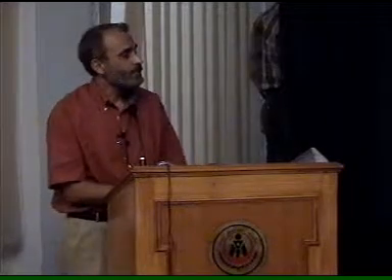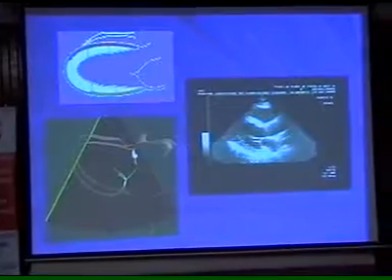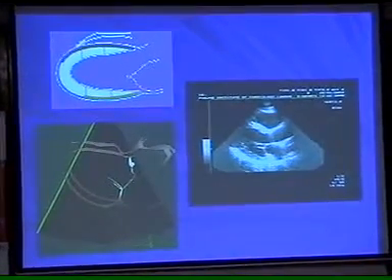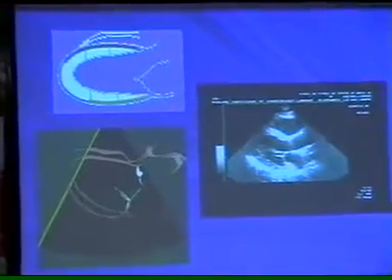Now this goes on to how we assess segment to segment and how the coronary artery distribution is. This is just a cartoon diagnostic graphic. This is LAD territory. This is the parasternal long axis view.